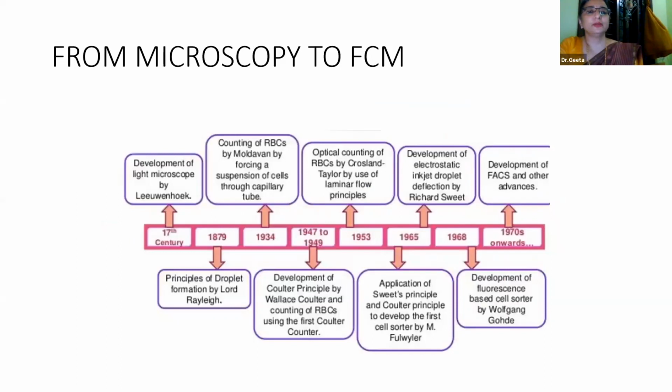So this, for a break, is a timeline of the history of our viewing of the cell, starting from light microscopy to the era of fluorescent assisted cell study, which started around 1970.